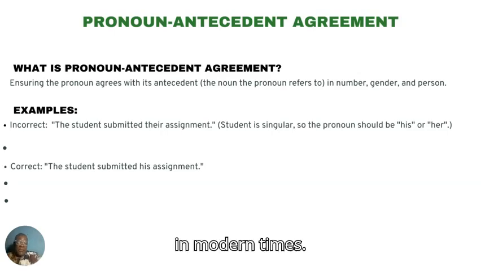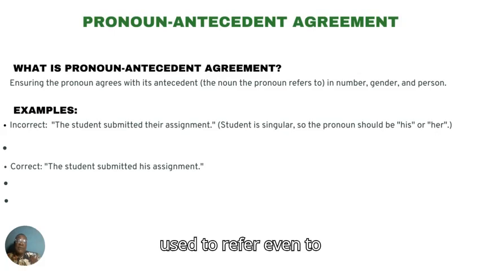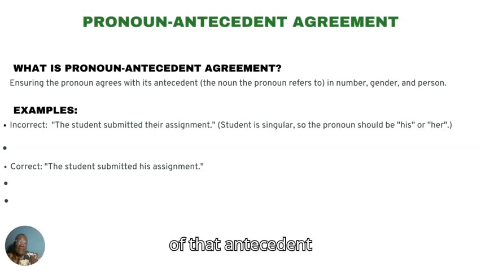However, in modern times, the pronoun their, which is a plural pronoun, is increasingly being used to refer even to singular antecedents, especially where the gender of that antecedent is not known.